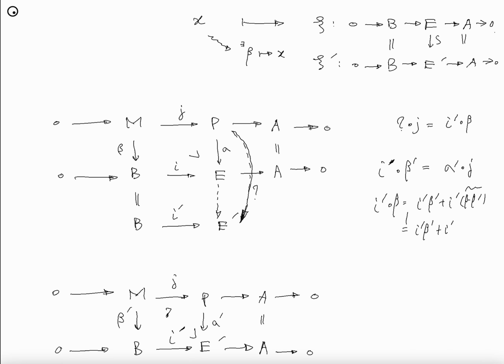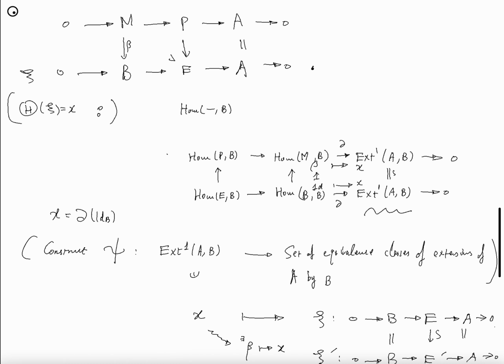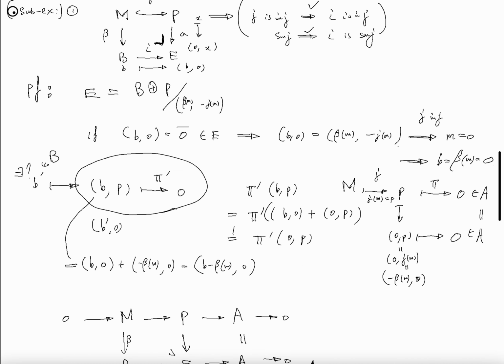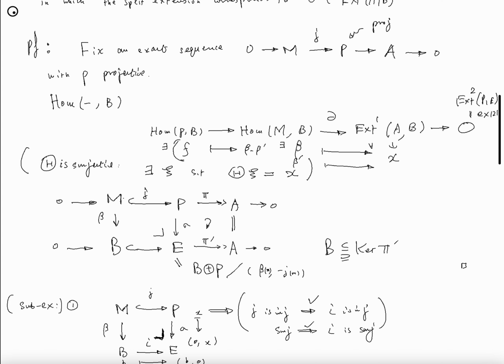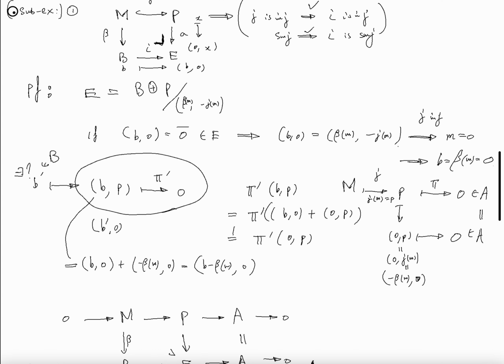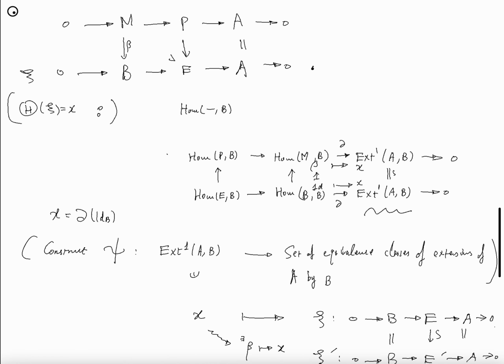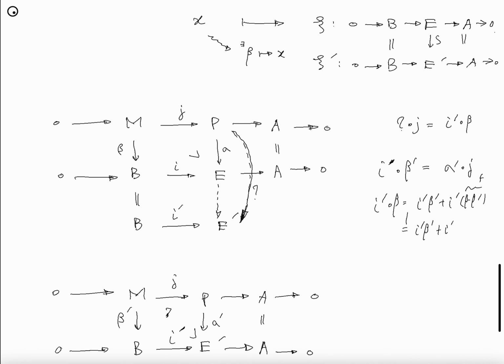Recall that beta minus beta prime is our F, our F in the kernel from P to B. So this is our F. And so we find what it is. So this is sigma prime J plus I prime.